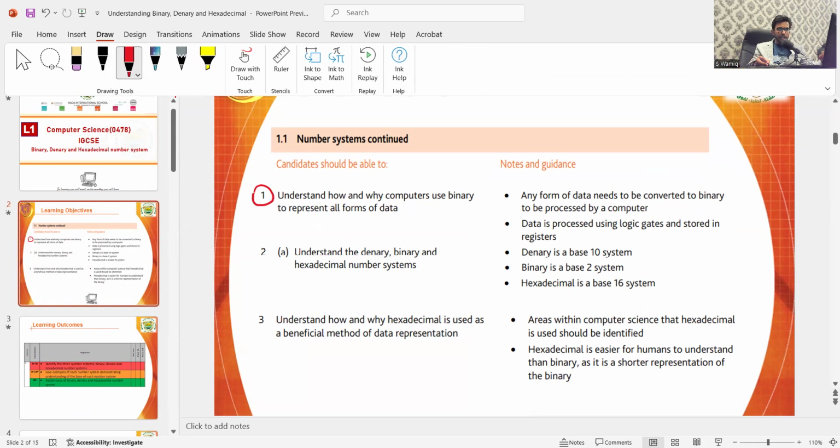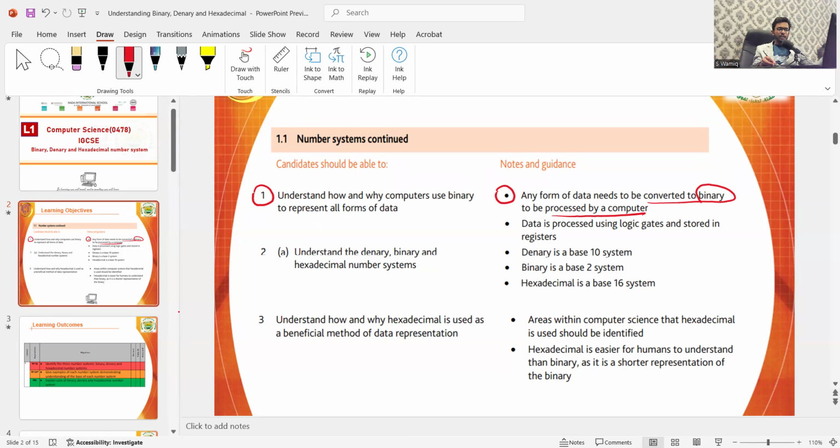So the answer is that any form of data the computer needs to understand, the first thing it has to perform is that it has to convert itself into binary if you wish it to be processed by the computer. And what is the reason why it has to be converted into binary? The reason is that it is the only language that is understandable by the computer.